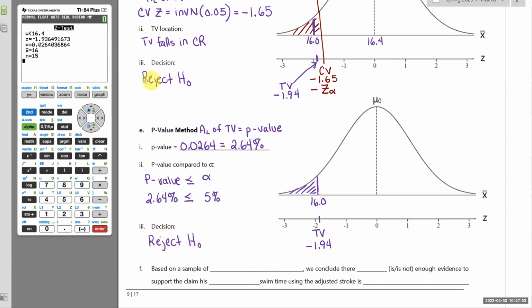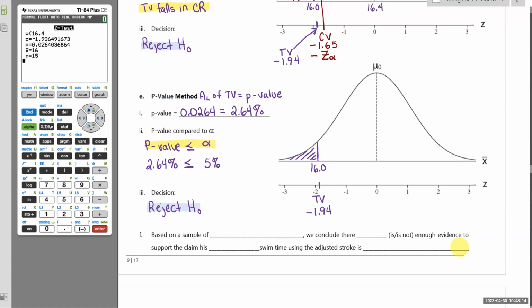Of course, the decision on the traditional method and the decision on the p-value method will always match, because we're doing the same problem in two different ways, which means that anytime your test value is in your critical region, it guarantees that your p-value is small. In both cases, the sentence would be the same.